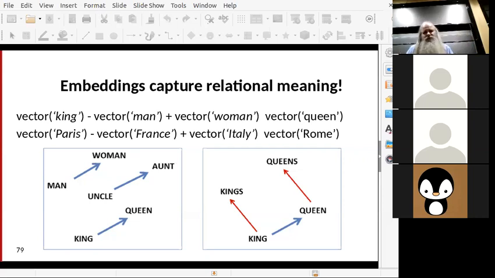Although there's been later work saying, actually, no, it's not really quite as strong as that. It's just that there are certain classes of things. So if you look at king and look at a wider class in that particular n-dimensional space, what you find is eventually, if you move out far enough, you get male. So it's not really the case that you're moving from one to the other.